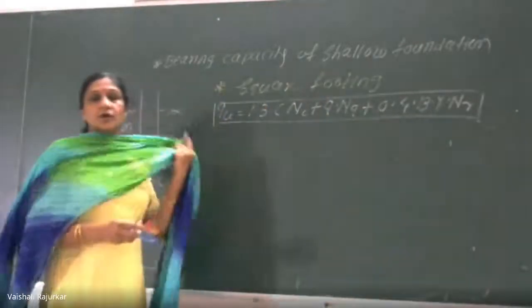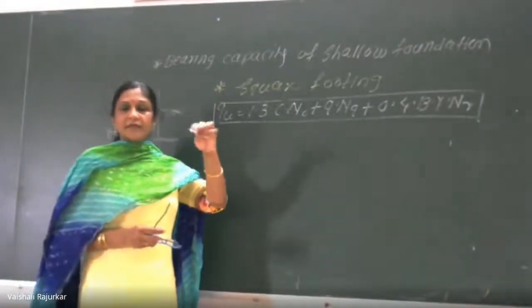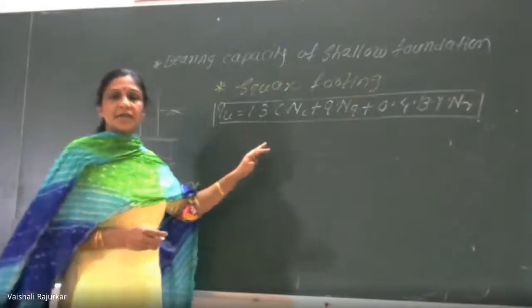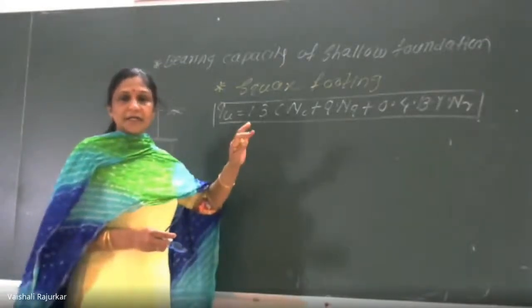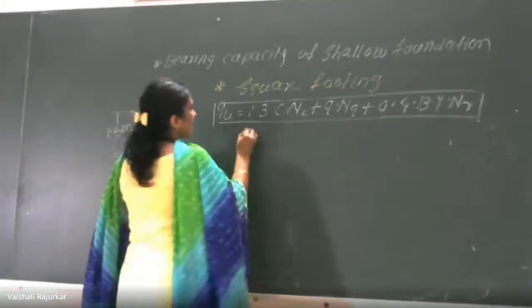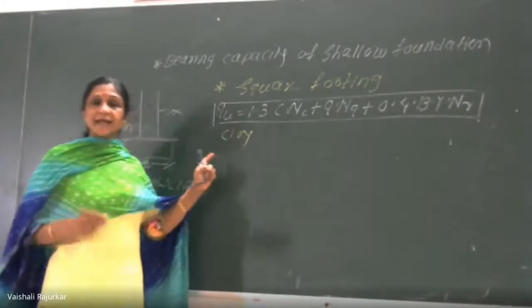Naturally, if phi is 0, or phi is less than 28 degrees, it comes under local shear failure, but that is not taken into consideration directly when the soil is clay. This is basically the guideline that you should know.